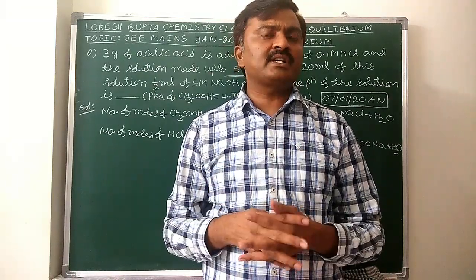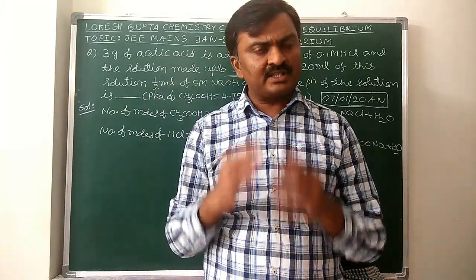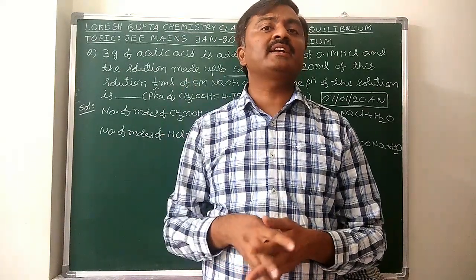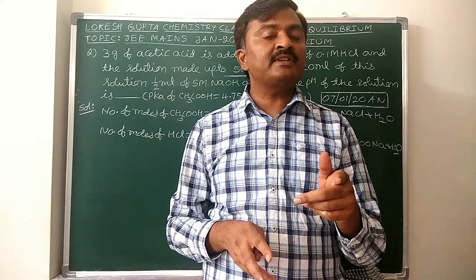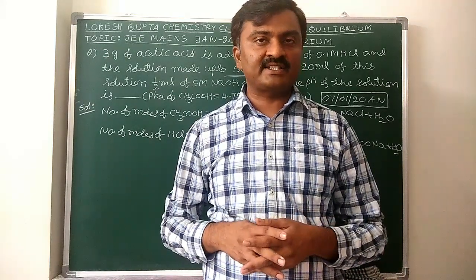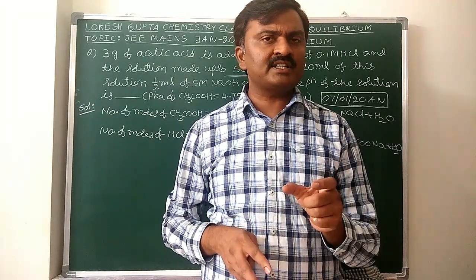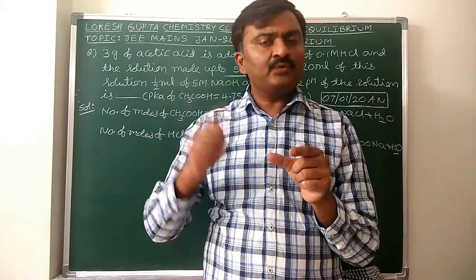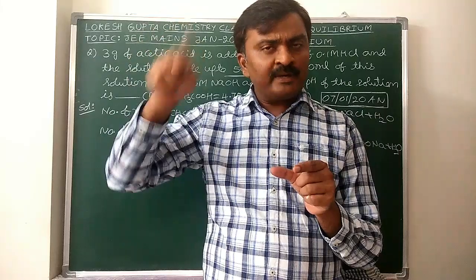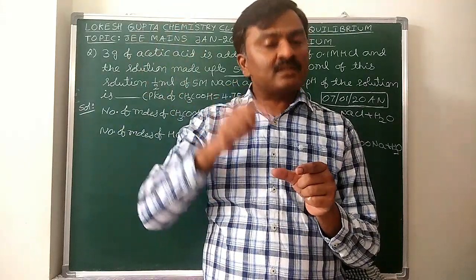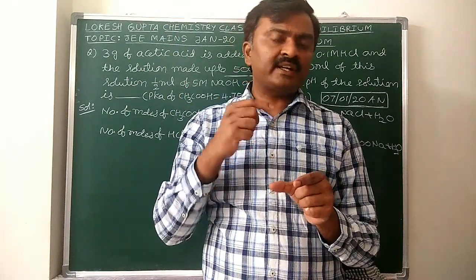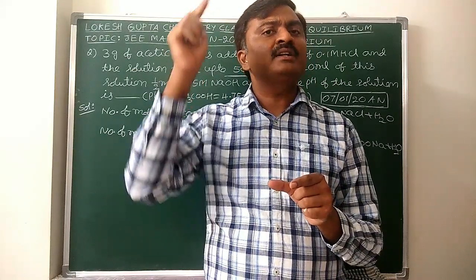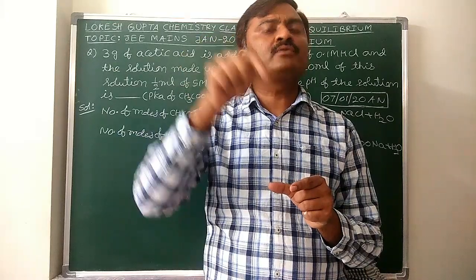After complete reaction of HCl, if still some NaOH is left behind, that NaOH will react with the weak acid, acetic acid. So here, what is the concept? To a mixture of weak acid and strong acid, if we add a base, that base first reacts with the strong acid. After that reaction, if still some base is left behind, that base will react with the weak acid.